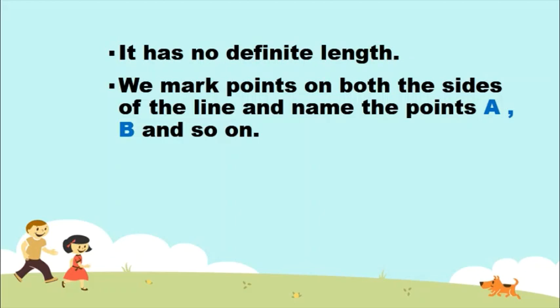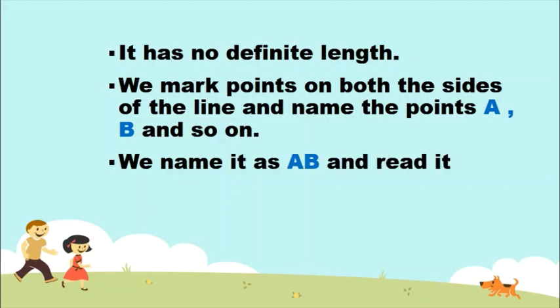We have marked the points on the line and we have to name the points with capital letters. We name it as AB, straight line AB. For that, what we have to do? We have to put the straight line symbol above the name and read it as straight line AB.